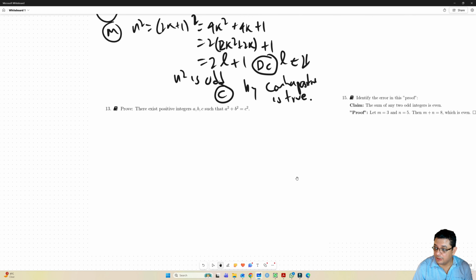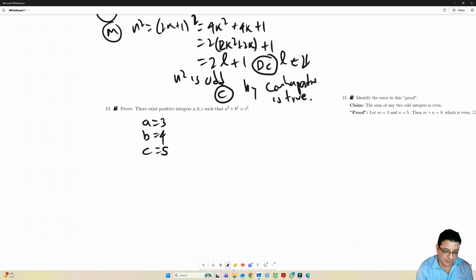Now, question 13 is: there exist positive integers a, b, c so that a squared plus b squared is equal to c squared. Notice that because this is an existential statement, I just need a couple of numbers that make this true. I can try with a equals 3, b equals 4, and c equals 5.